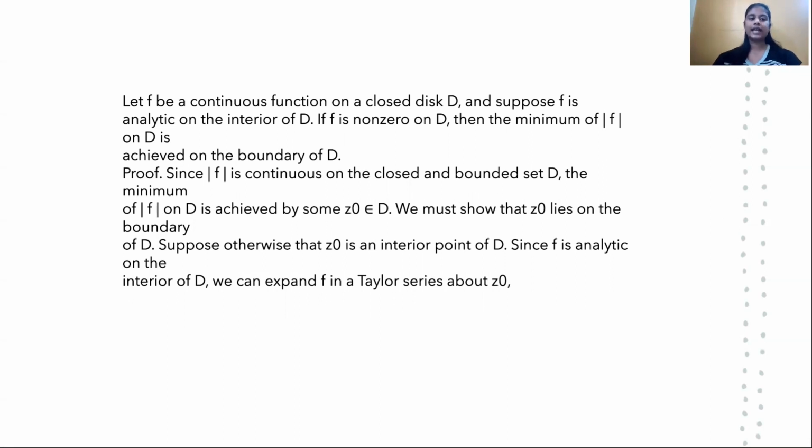Since |f| is continuous on the closed and bounded set D, the minimum of |f| on D is achieved by some z0 that belongs to D. We must show that z0 lies on the boundary of D. Suppose otherwise that z0 is an interior point of D. Since f is analytic on the interior of D, we can expand f in a Taylor series about z0.